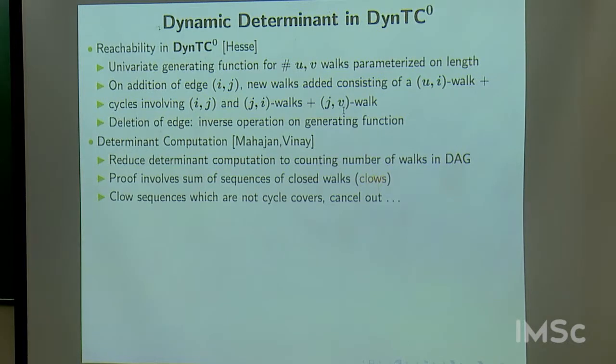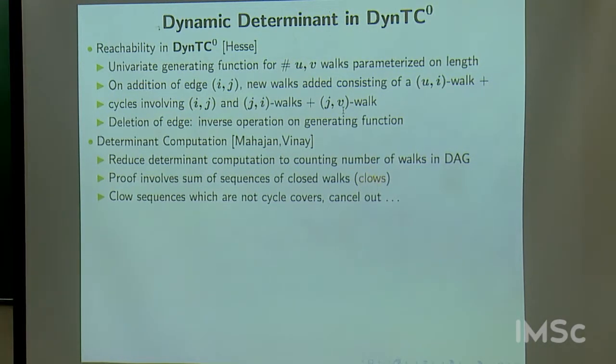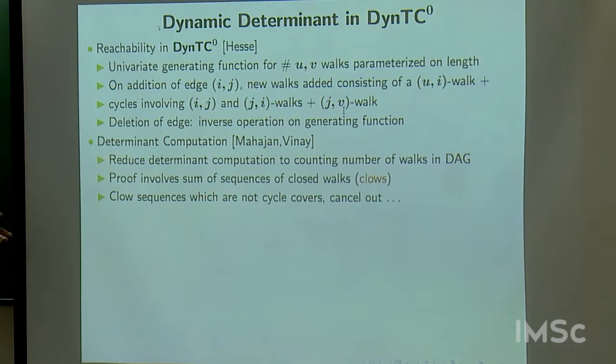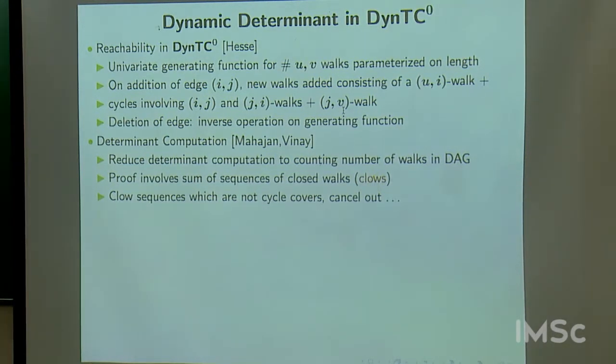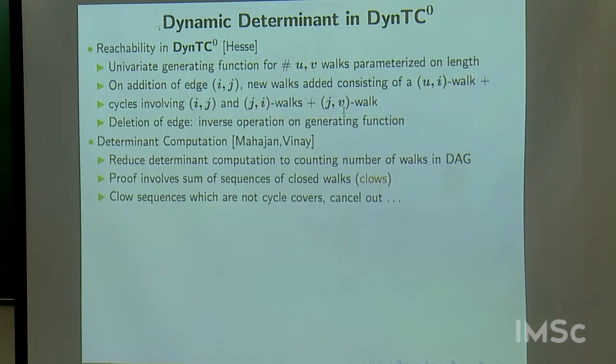The determinant is actually a sum of cycle covers in a graph. What is a cycle cover? A cycle cover is a covering of the vertices of the graph by vertex disjoint cycles, and closed sequences are a generalization of cycle covers in which you are allowed multiple visits to a vertex and multiple visits to an edge.